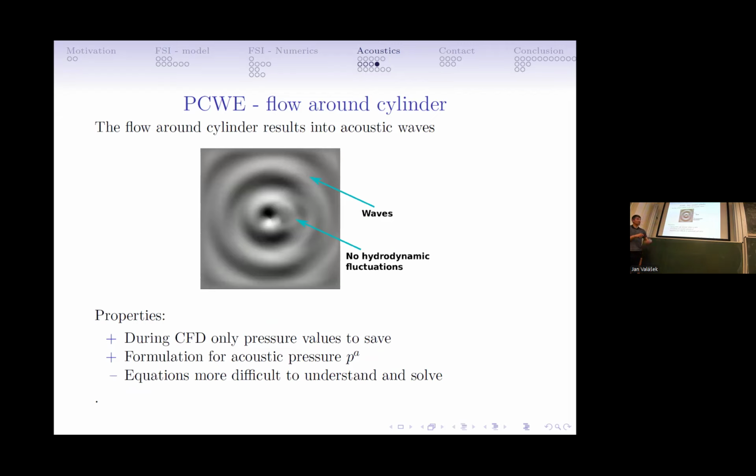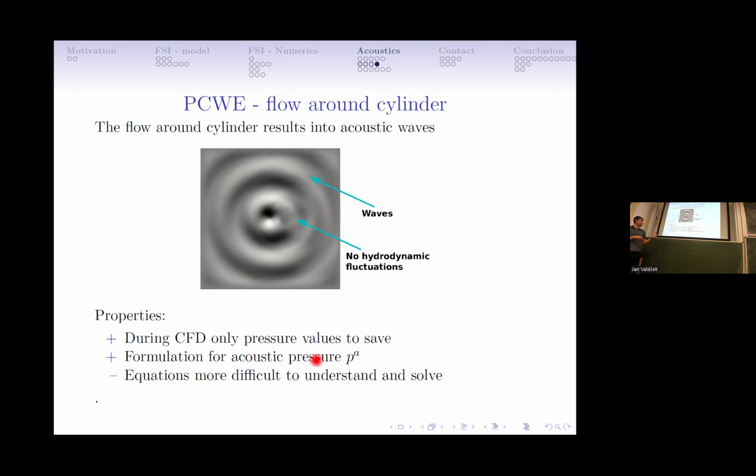And if we use the same situation with the cylinder as before and look at the solution in acoustic pressure, in the end we will see such waves and no huge hydrodynamic fluctuation related to the vortices behind this cylinder. In general, this perturbation approach is more difficult to derive, because you have to know what approximation has been made along the way.